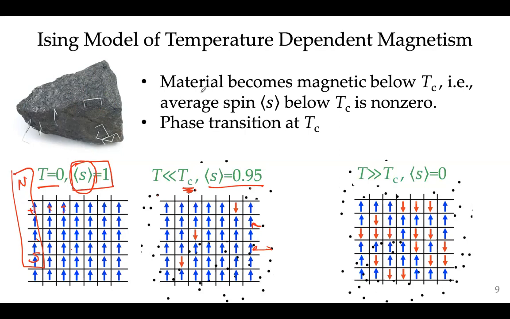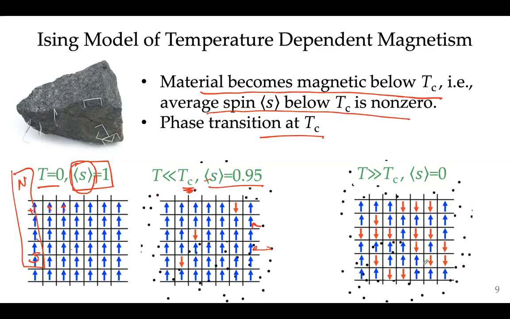So that's what I say here. Material becomes magnetic below TC. So the average spin below TC is non-zero. But if you heat the system a little bit more, then a phase transition happens. When you go above TC, now all the spins are randomized.